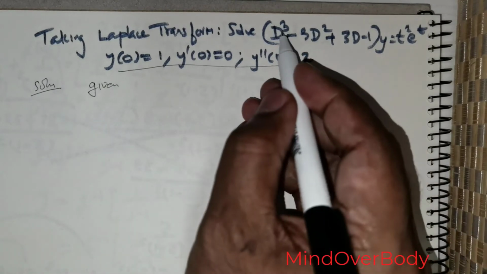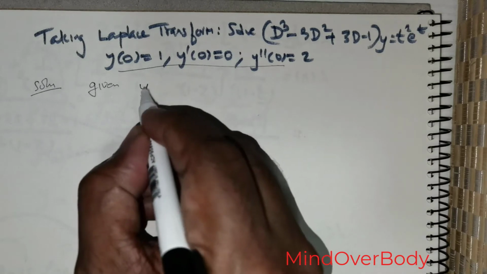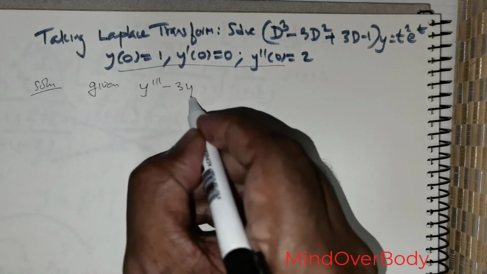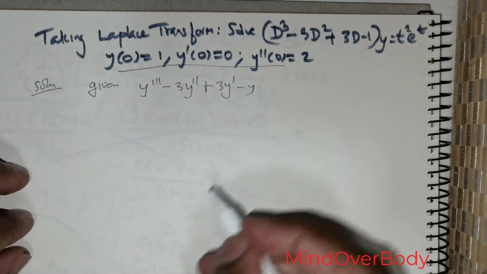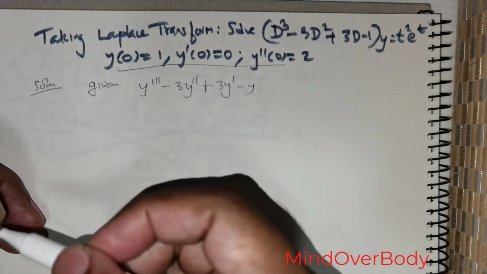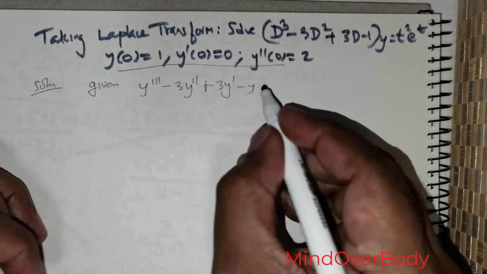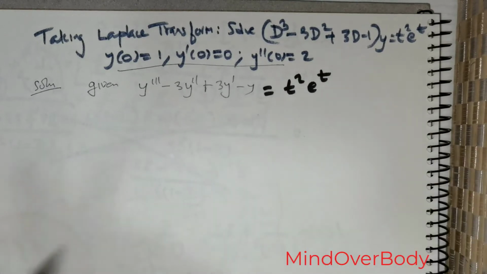So I'm going to rewrite the question in this fashion: y triple dash negative 3 times y double dash positive 3 times y dash negative y is equal to t squared times e raised to the power of t.